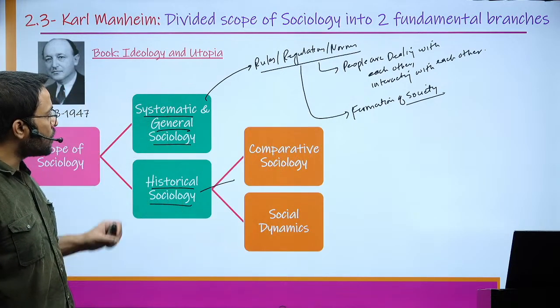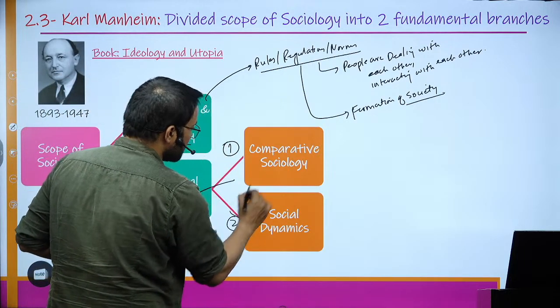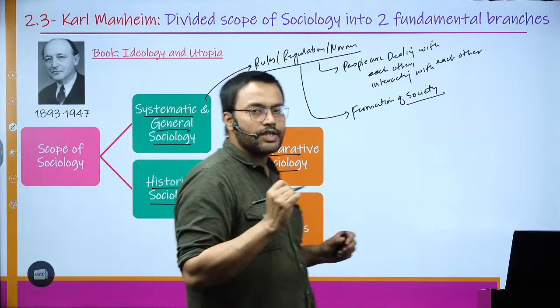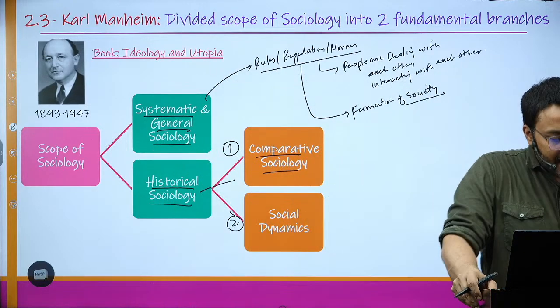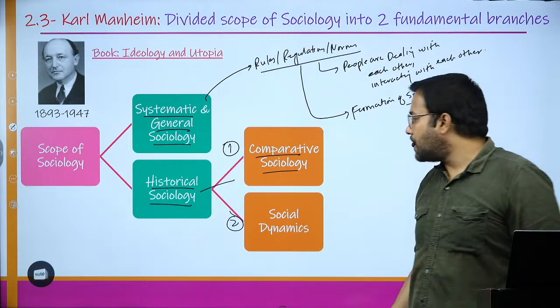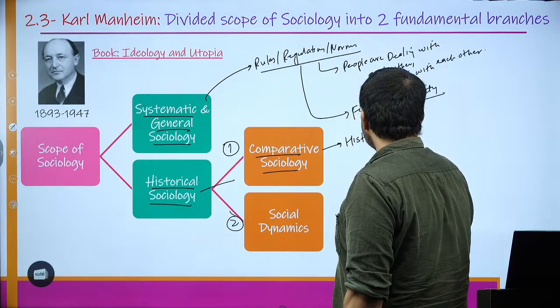Under historical sociology, he said that there are two parts, comparative sociology and social dynamics. What is comparative sociology? It means historical variation of the same phenomena.